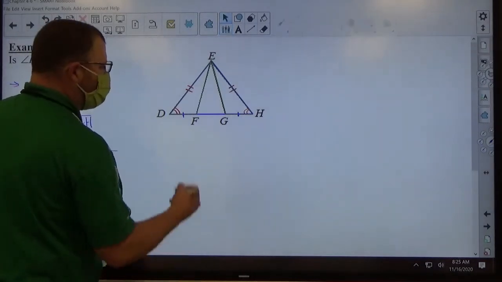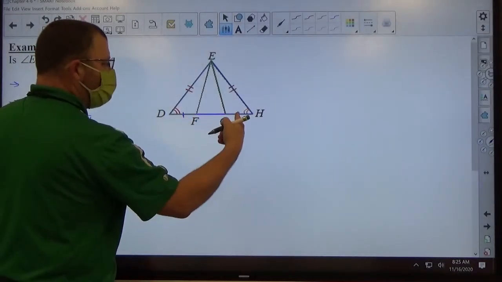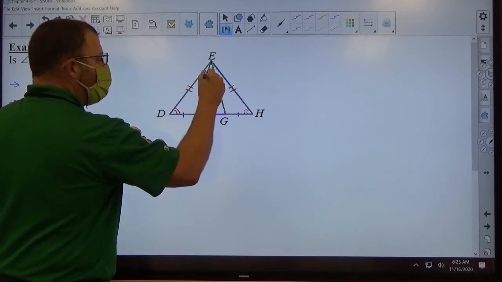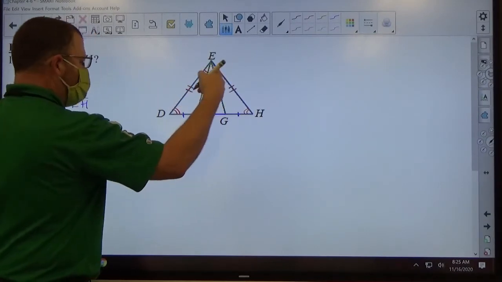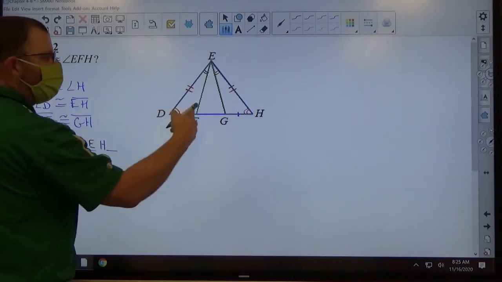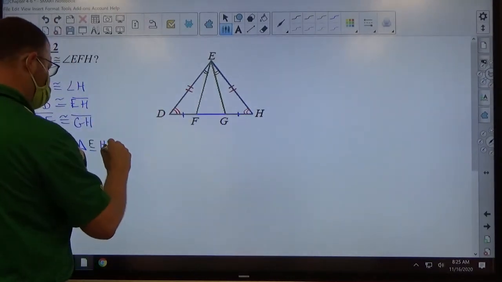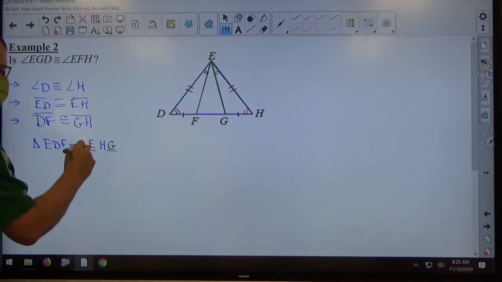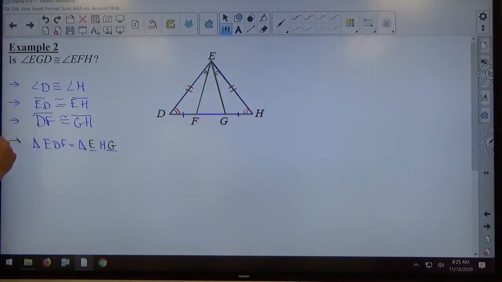Since this side down here matches that side down there, this angle up here should match this angle up here. So that's angle E for both, so E in front. And that implies then that F and G would have to be the same, so G goes last. Again, that's my side angle side.